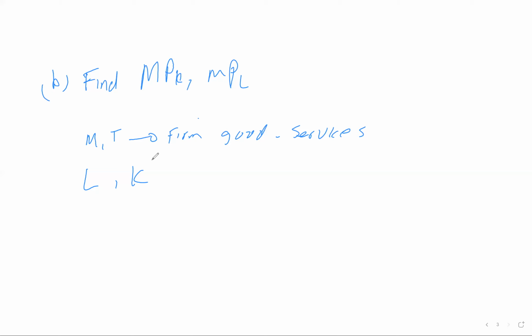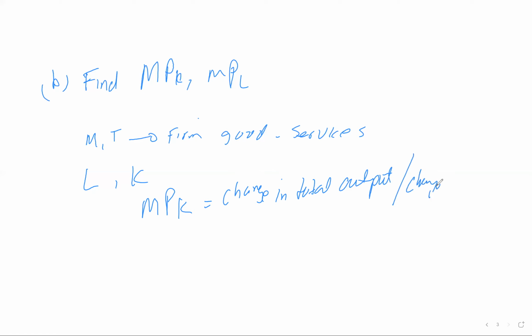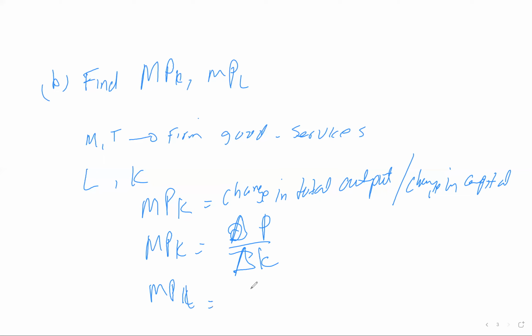So marginal product of capital is equal to the change in total output divided by the change in capital, which is ΔY over ΔK, and the marginal product of labor is ΔY over ΔL.